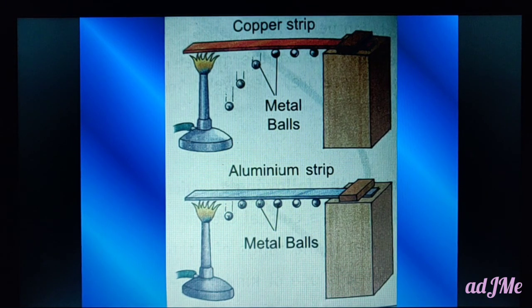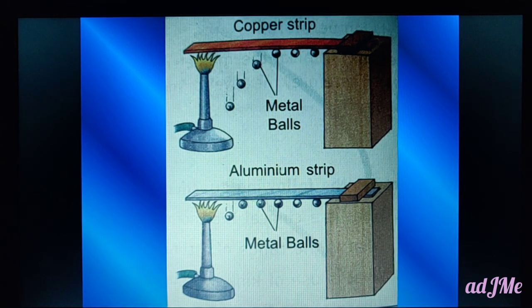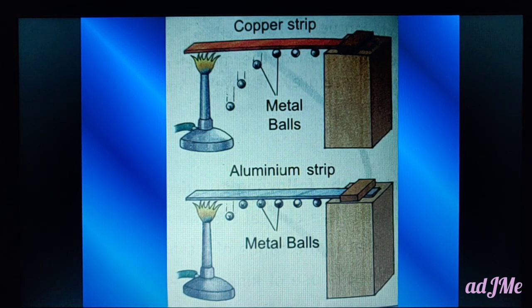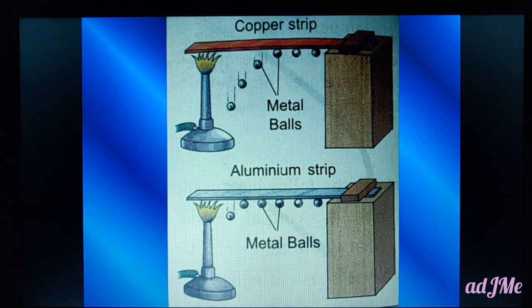That is, the heat transfer is faster in copper strip compared to aluminum strip. And secondly, the rate of transfer of heat is not the same in all the metals. It depends on metals. It changes for each and every metal. This is what you learn from this small activity.